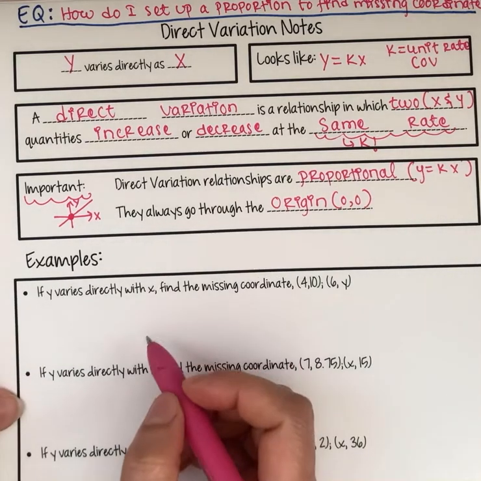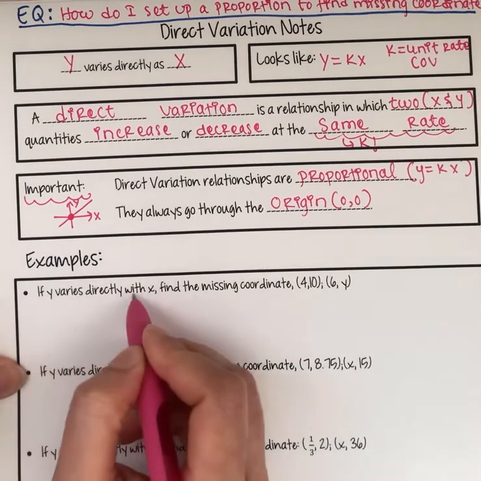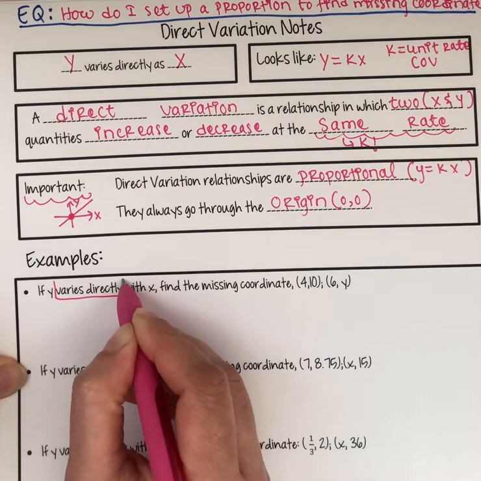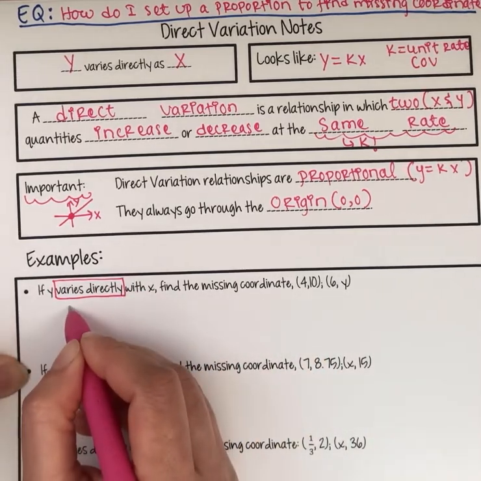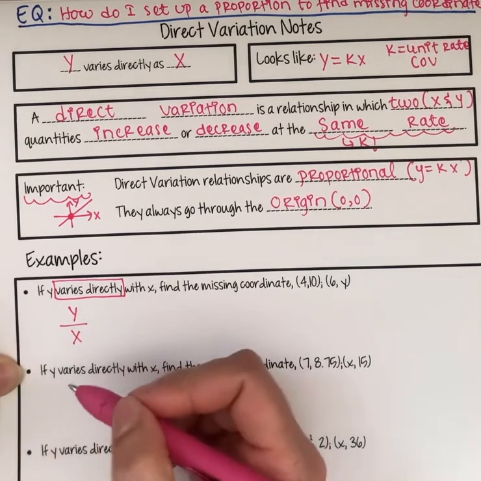So let's look at examples and how we solve for the missing coordinate by setting up a proportion, which is our essential question, okay? So y varies directly with x, guys. I'm going to start by boxing our keywords, varies directly. That looks like y over x, and this is basically a proportion, okay?